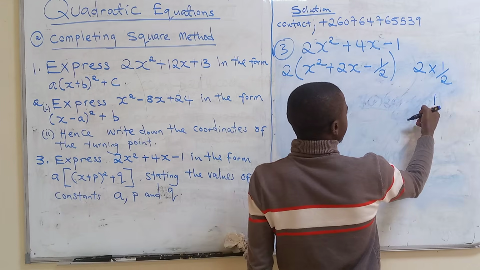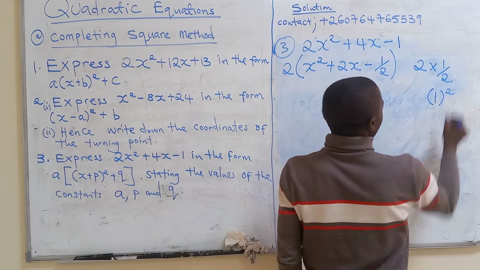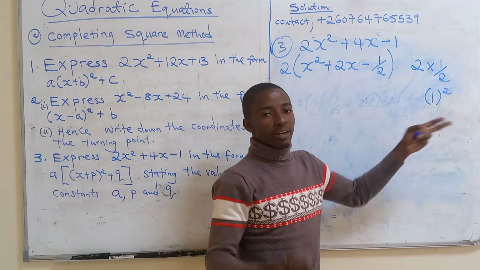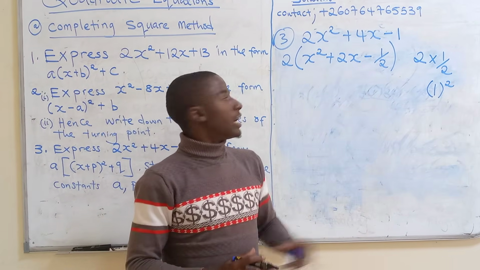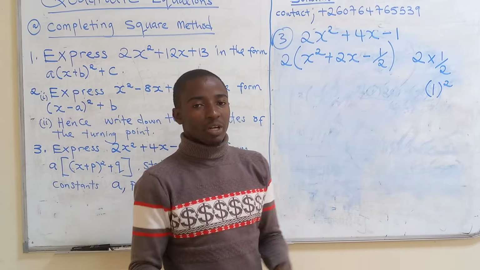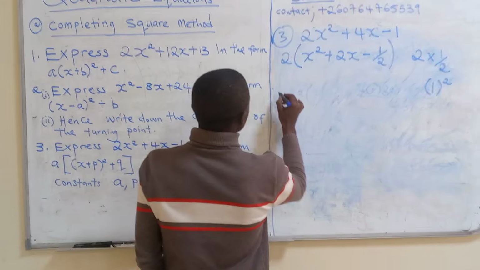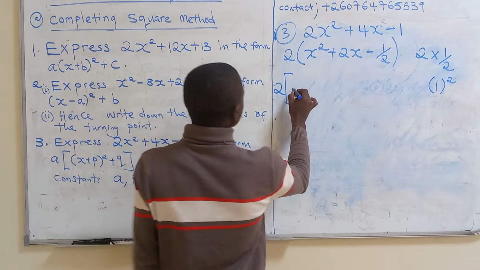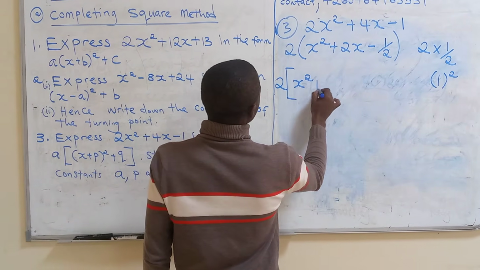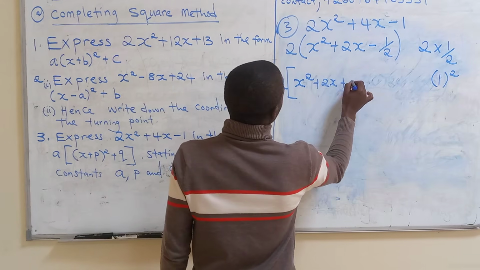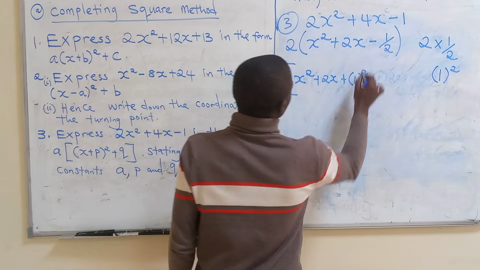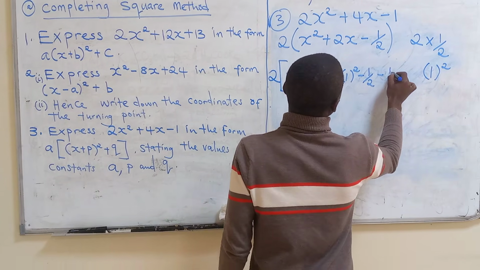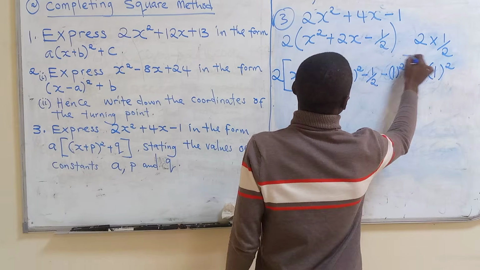After obtaining that value, you square it without simplifying it. This same value that you have obtained there is the one that you are going to add to the quadratic equation, also subtract from the quadratic equation. So that is 2, open brackets, x squared plus 2x plus 1 squared minus 1 over 2 minus 1 squared, like that.